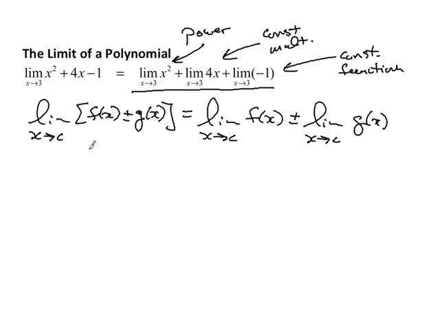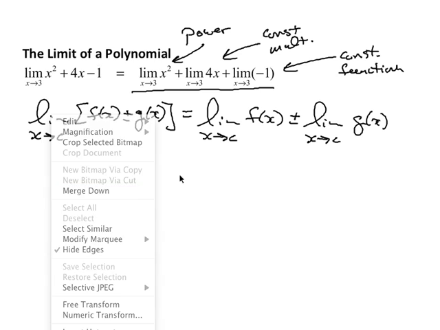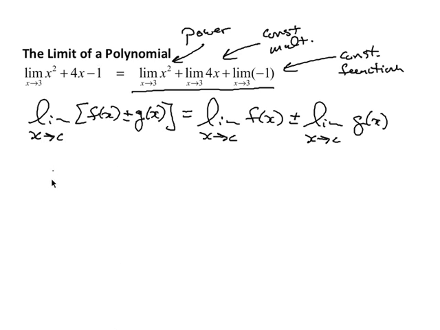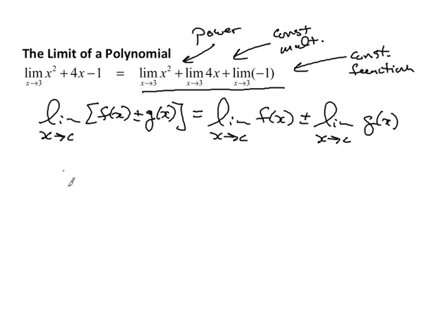So to evaluate this, this is going to be the limit as x approaches 3 of x squared, which equals 3 squared.